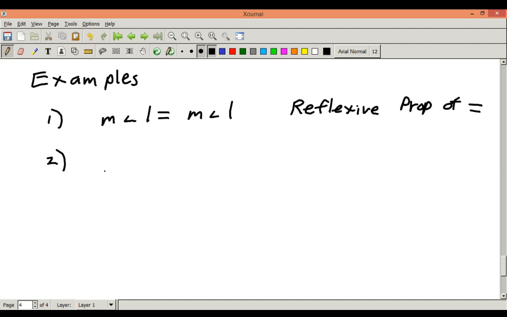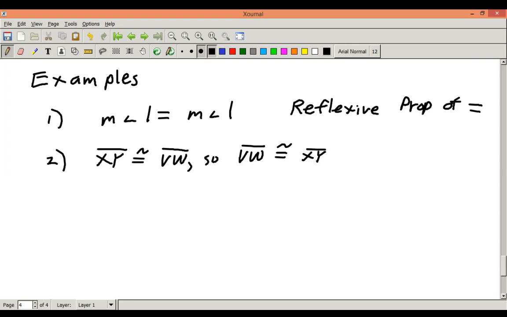Second, segment XY is congruent to segment VW. So segment VW is congruent to segment XY.